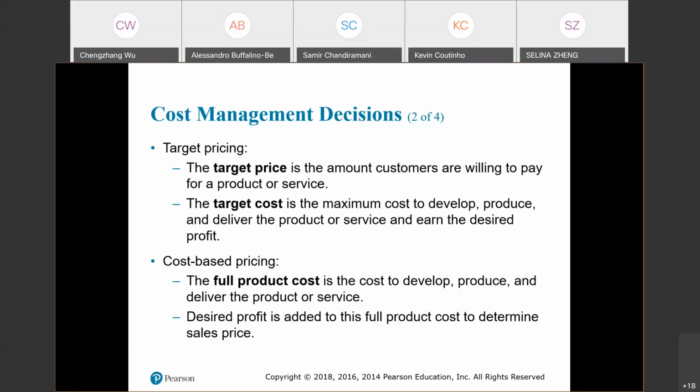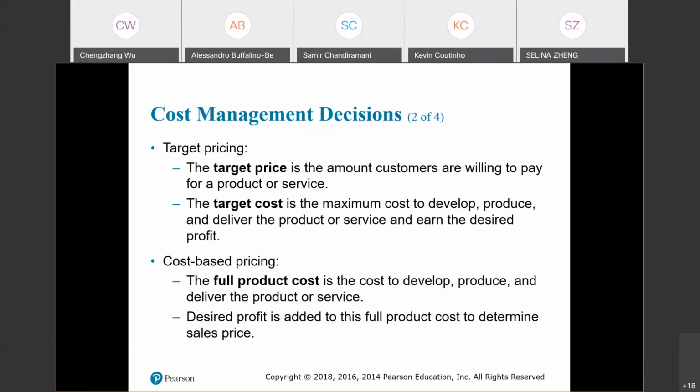Target pricing starts with the sales price that customers are willing to pay and then subtracts the company's desired profit to determine the target cost, the maximum cost to develop, produce, and deliver the product or service, and still earn the desired profit.